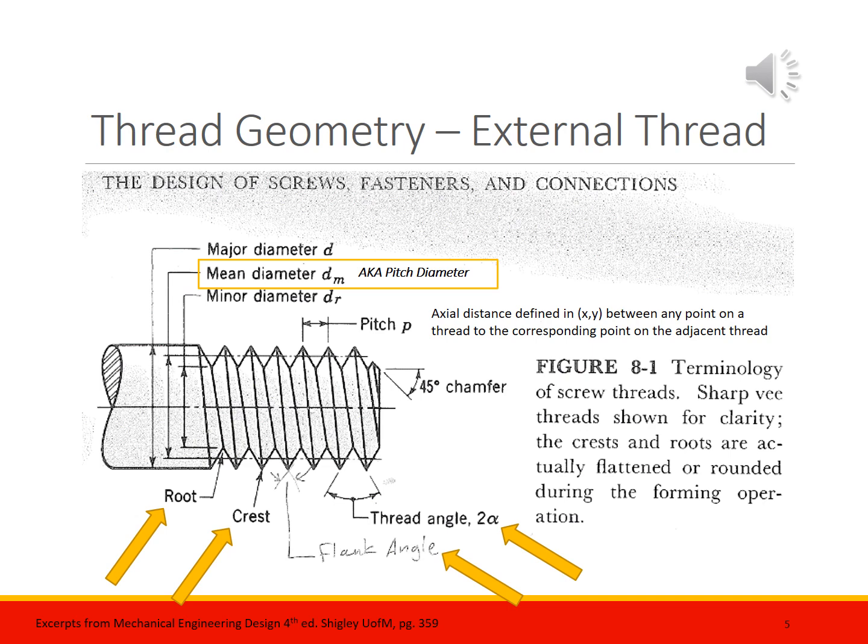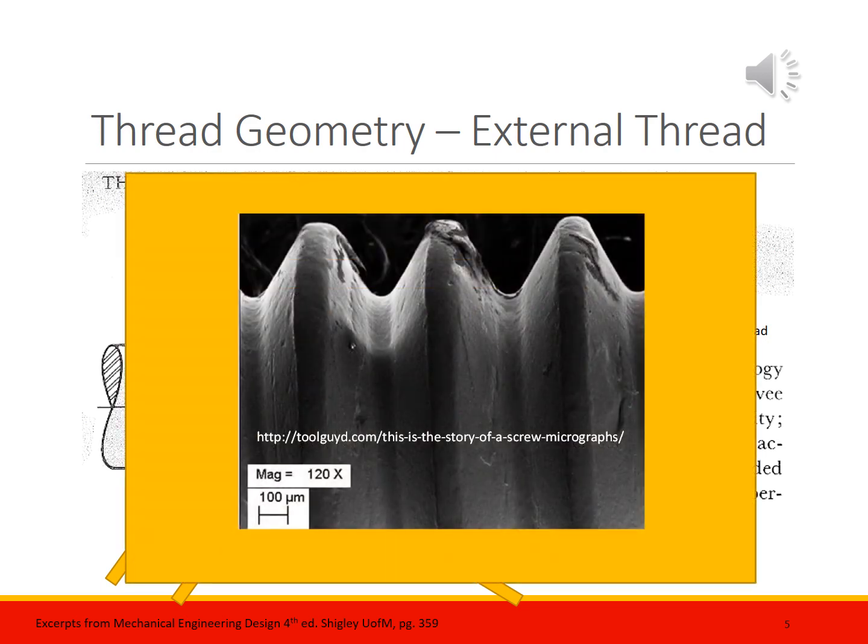Now the pop-up shows a very different reality. This is how threads really look once they are formed as produced from a thread rolling operation. You can see the roots or base of the thread, known as the minor diameter, is very much more rounded and varied. The same can be said for the crests that make up the major diameter, again rounded and varied.